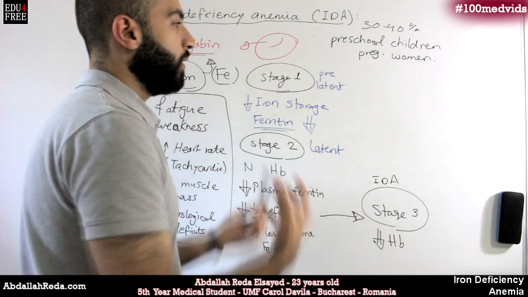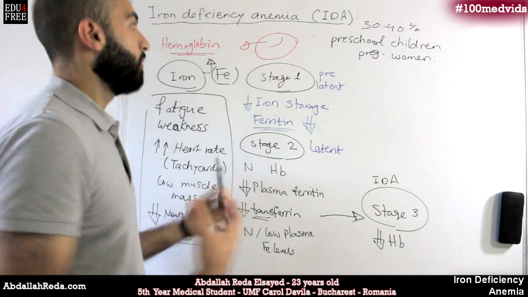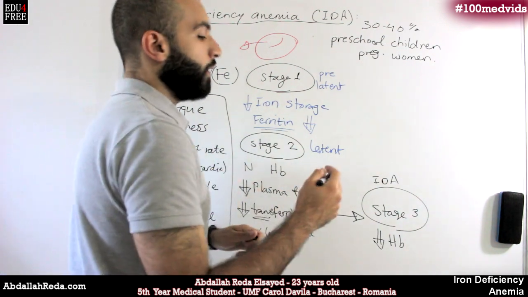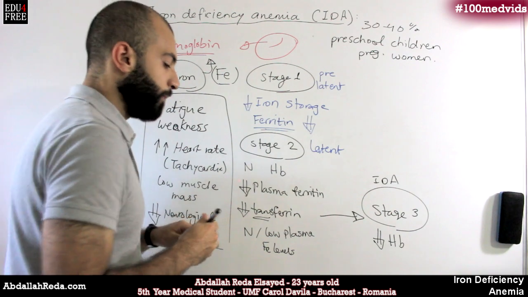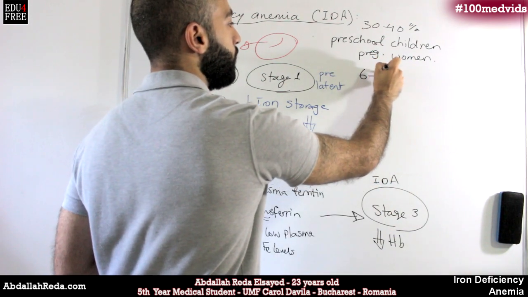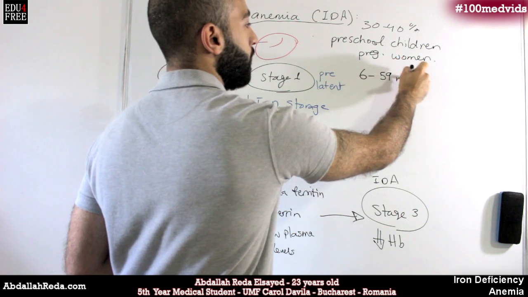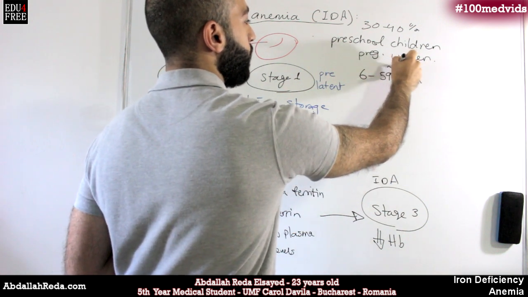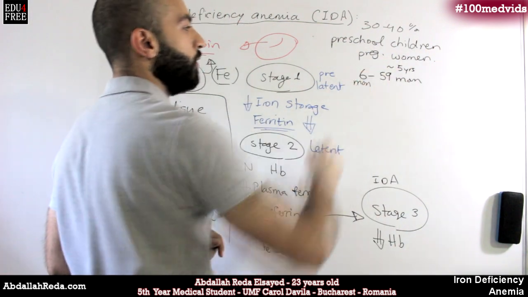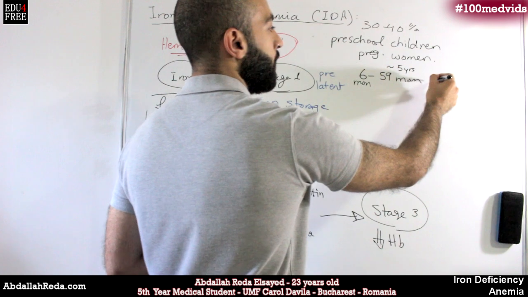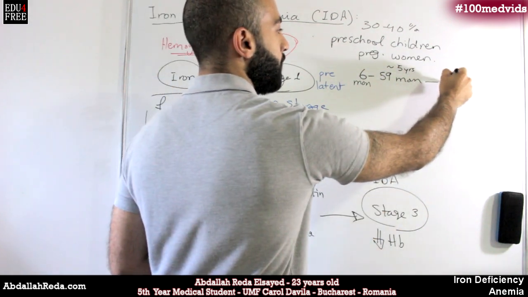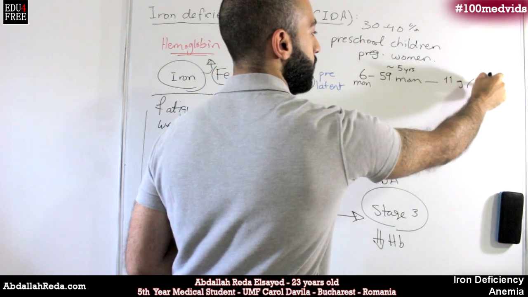So first of all, let's see what are the normal values of hemoglobin that are supposed to be there in the human body. That depends on age. From 6 to 59 months, which is around 5 years of age, the normal hemoglobin value should be around 11 grams per deciliter.